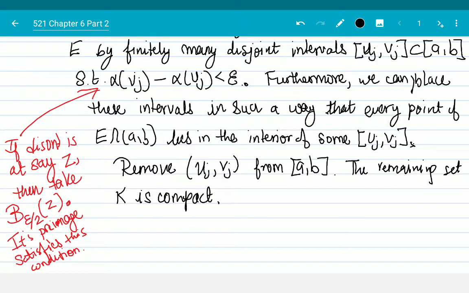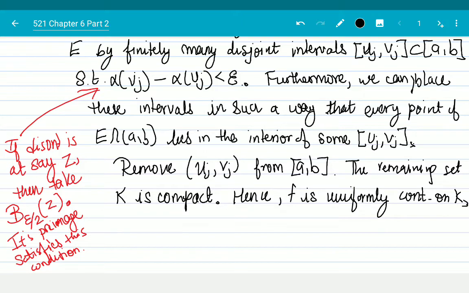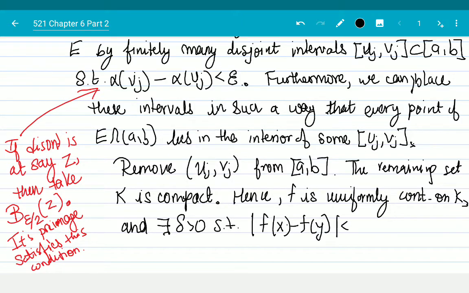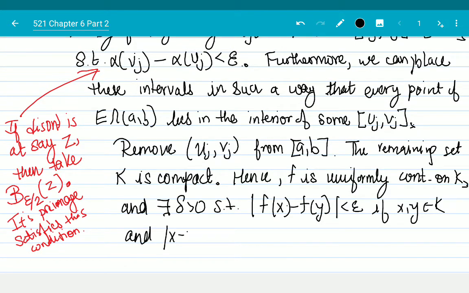Hence, f is uniformly continuous on K. Formally, there exists a delta greater than 0 such that f of x minus f of y is smaller than epsilon if x, y belong to K and x minus y is smaller than delta. Right?